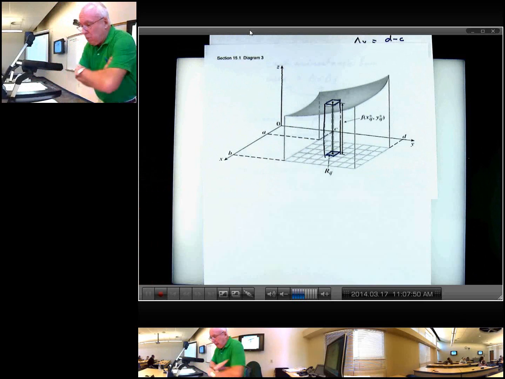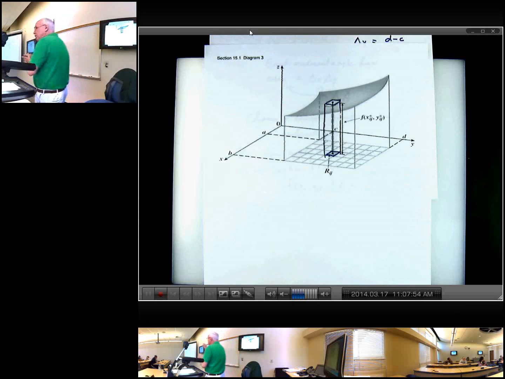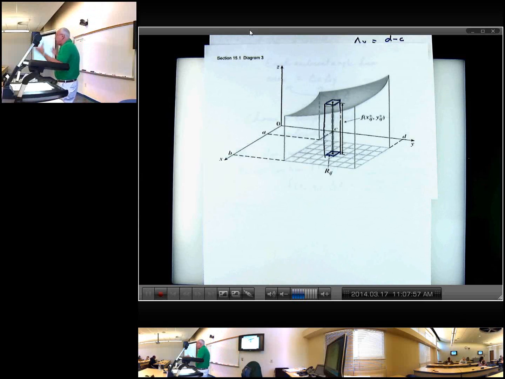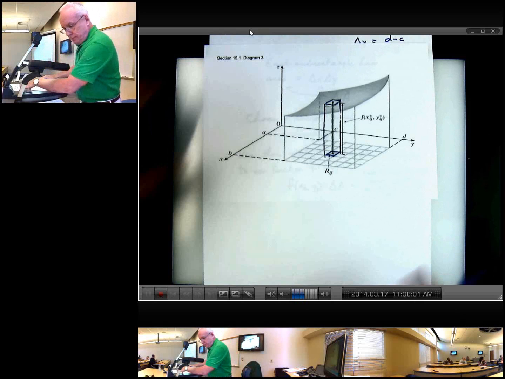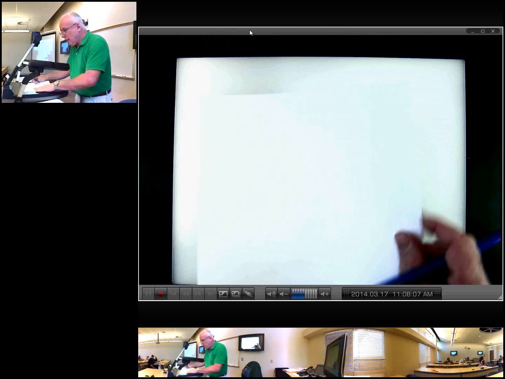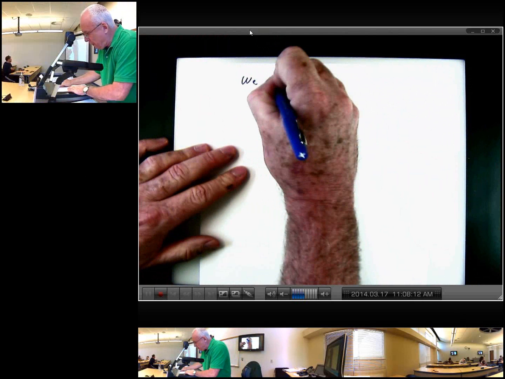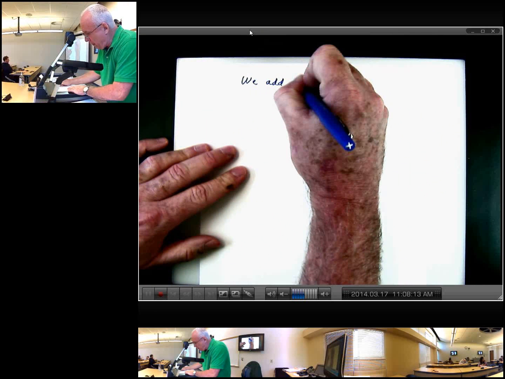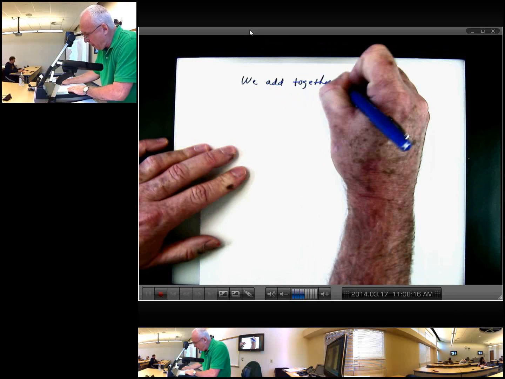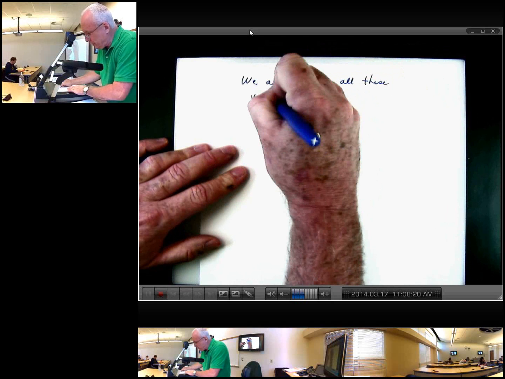Then what we do after this is we do this, of course, to each of the subrectangles, and we add it all up together. So we add together all these volumes.